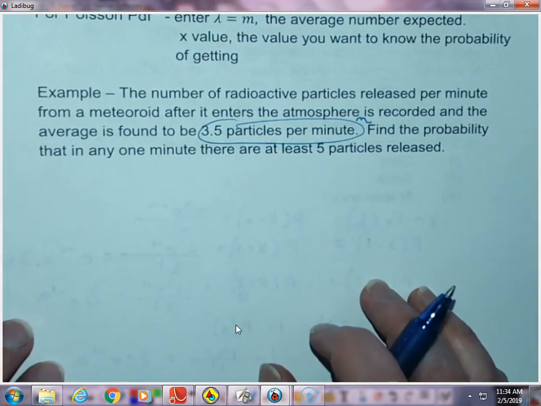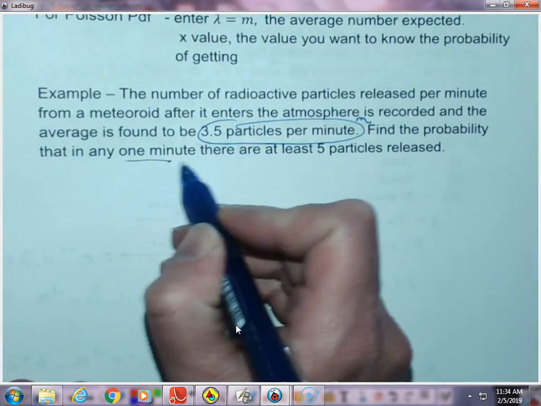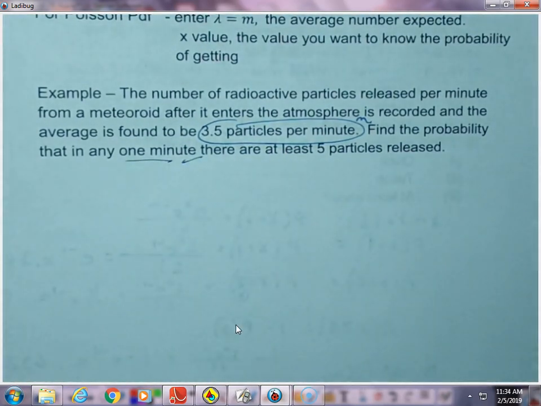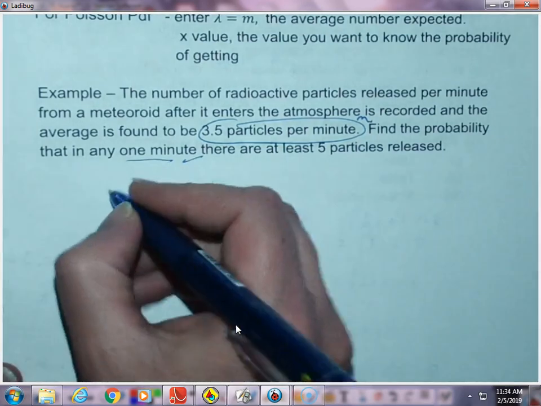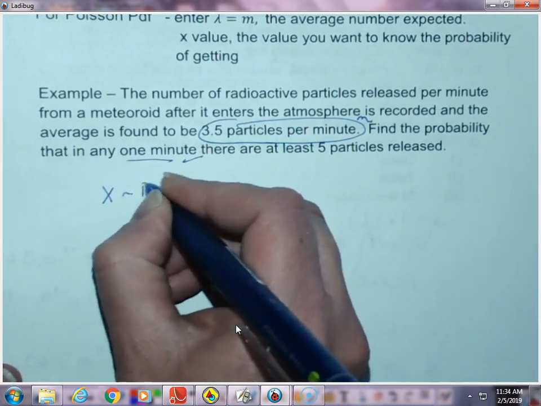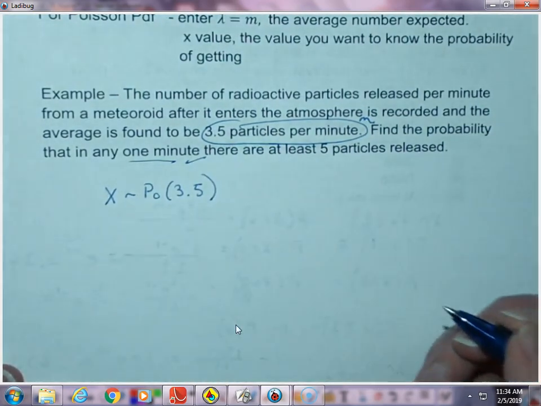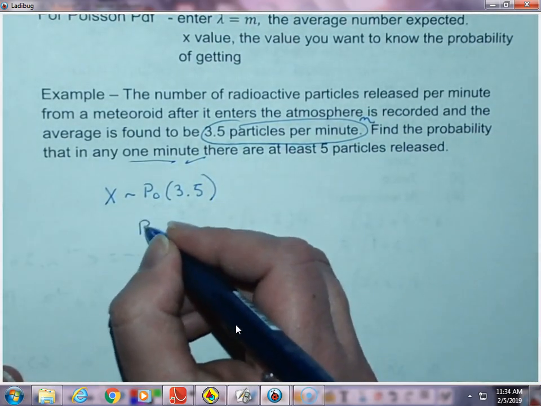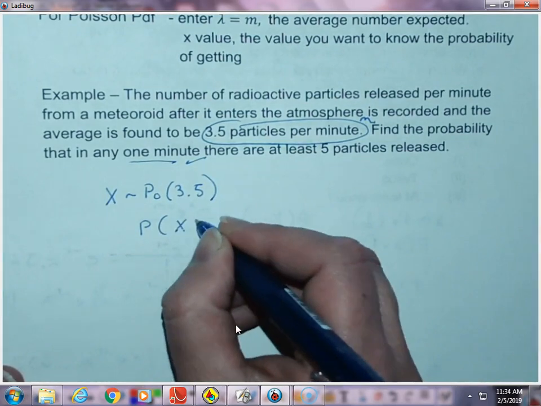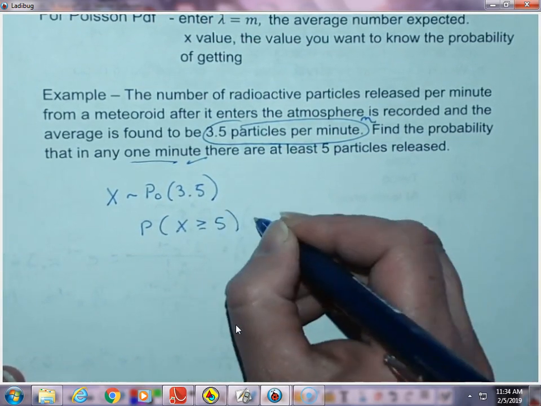Okay, and then it says find the probability that in any 1 minute there are at least 5 particles released. So you have a Poisson distribution with an average of 3.5, and they want the probability of at least 5, so greater than or equal to 5.